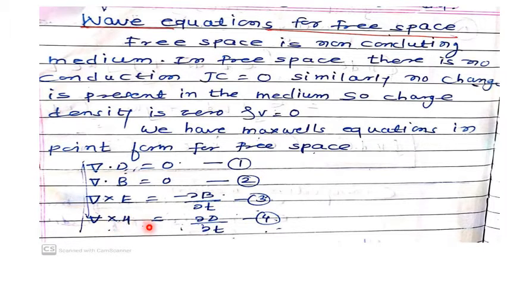Then del cross H is equal to J plus dD by dt, but the value of J, or Jc, is equal to 0. Therefore that time varying field equation becomes del cross H equal to dD by dt. These four equations are important for free space, and for the wave equations for free space we have to use these equations.